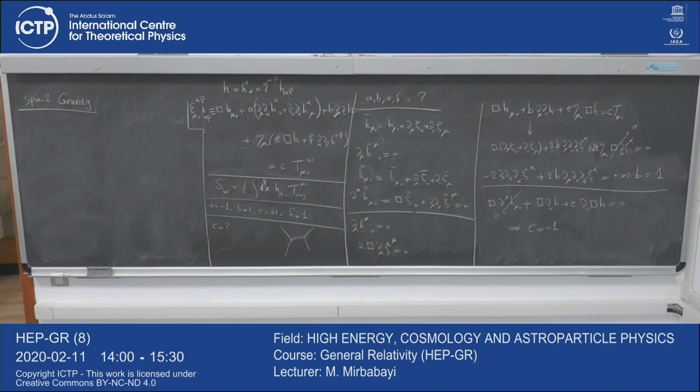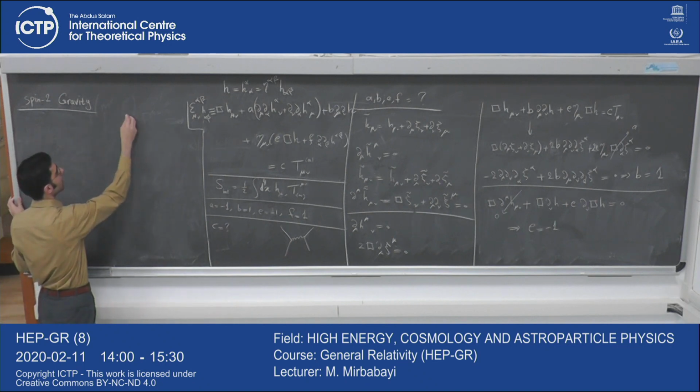So what we want to do is to determine C. In order to do that, we want to relate H to the Newtonian potential. For that, we want to see how the motion of a particle is affected by a background field H mu nu.